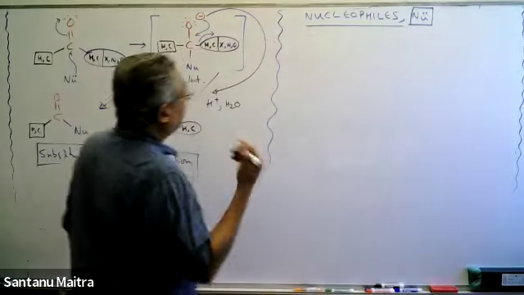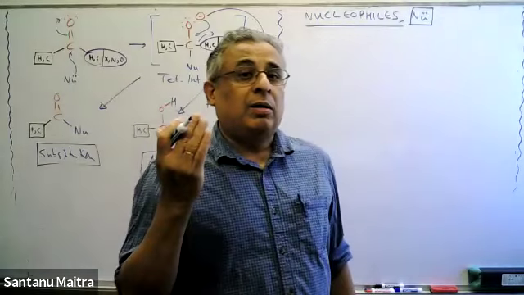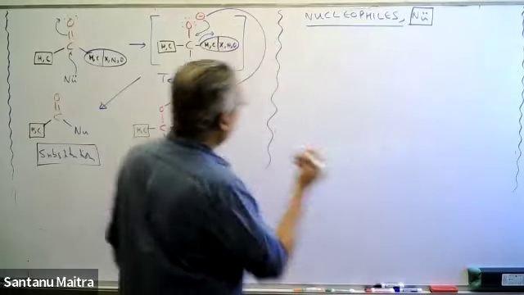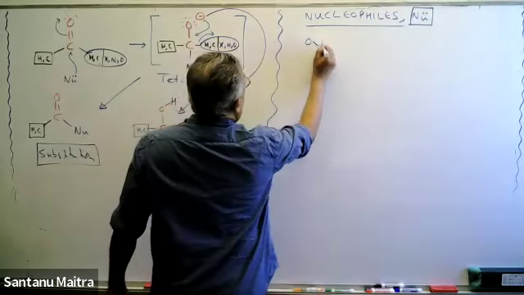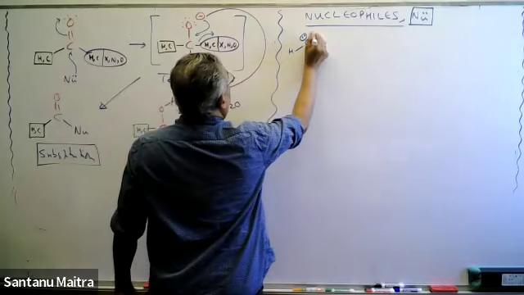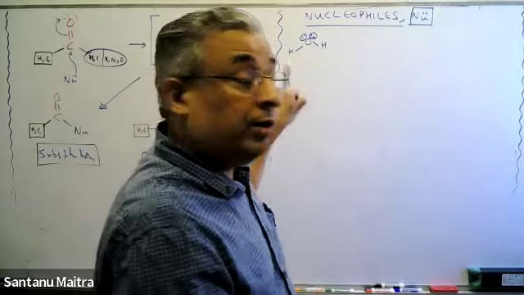Okay. So the easiest and the most available species that can act like a nucleophile is water, because it has two lone pairs. This is a neutral nucleophile.